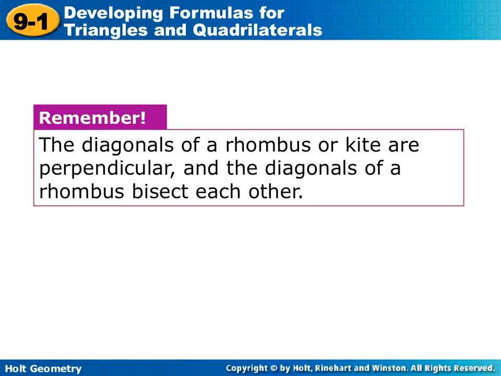Diagonal. Diagonal. What's special about the diagonals in a rhombus or a kite? It's just going to be stretched out here more. Okay, so let's think back to that chapter. There are some properties about the diagonals in those shapes. Are they congruent? Two diagonals the same length?